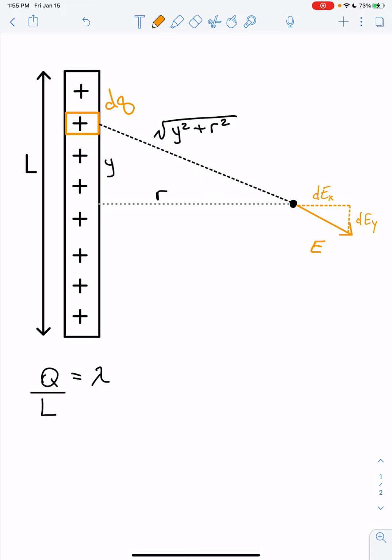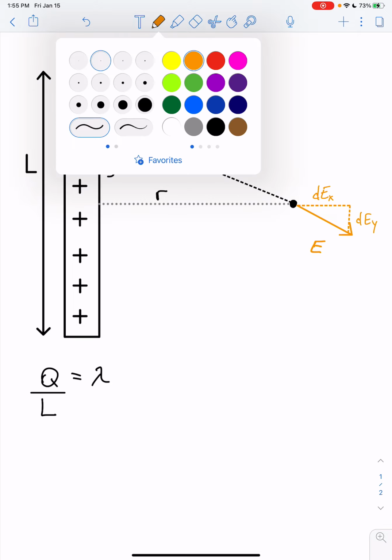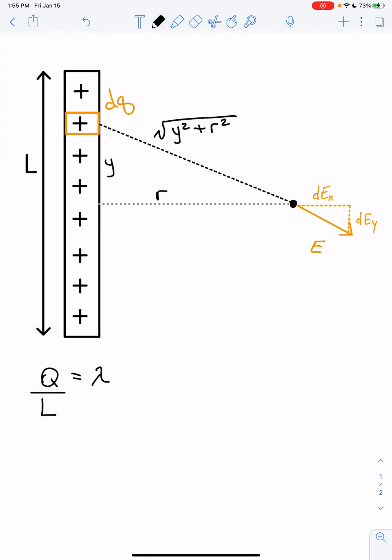All right. So there's also an angle that we have not noted here yet, and that is right here. So there's some angle there. And that's going to be important because we're going to be interested in all the dq's along the full length of L. But this example will lead us into that.